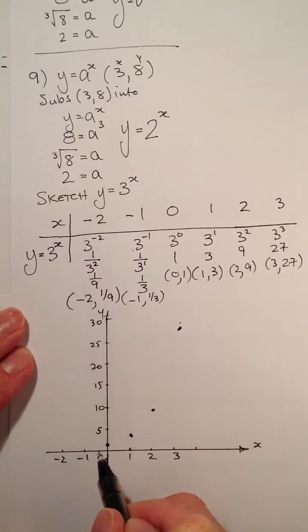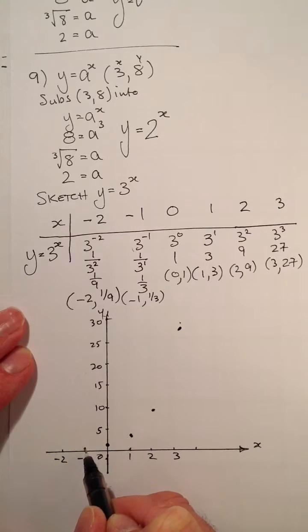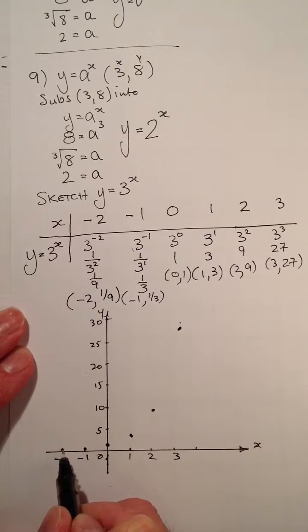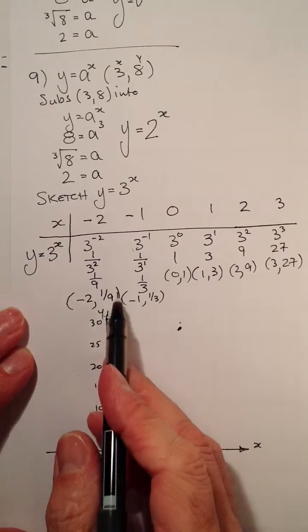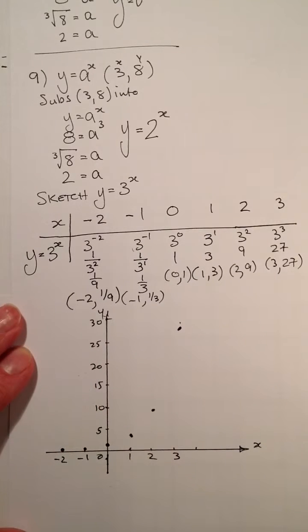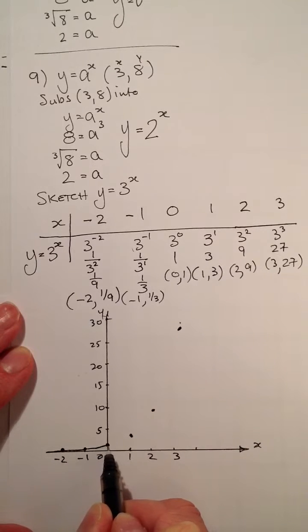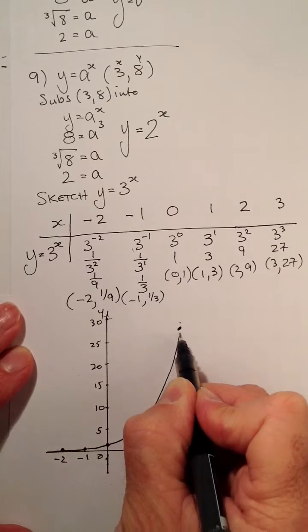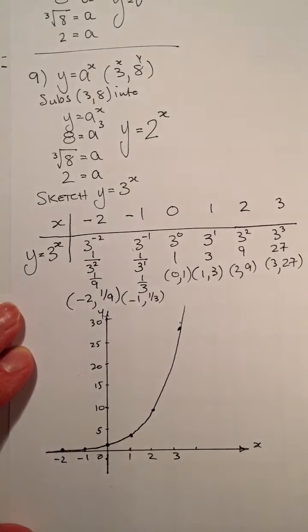For (-1, 1/3), that's down there somewhere, nearly touching the axis, but it never does. I've got (-2, 1/9). So my curve should look like something of this form. There's an exponential curve, and it should grow like that.